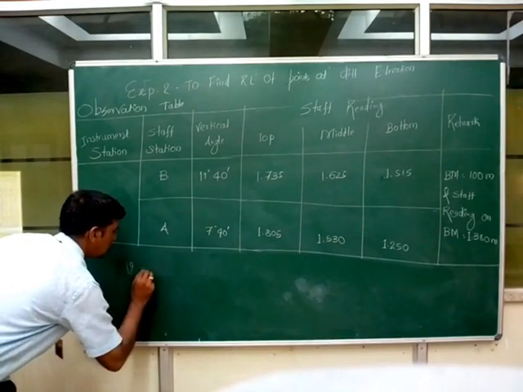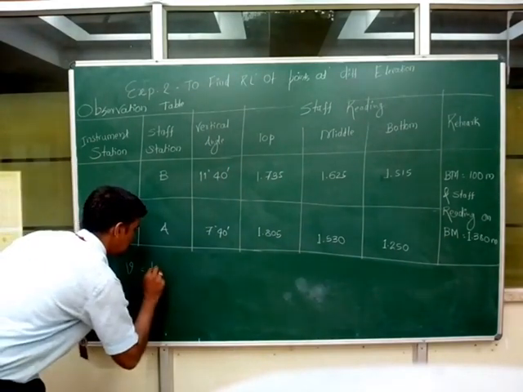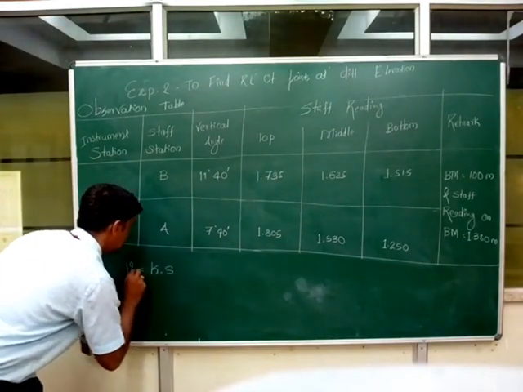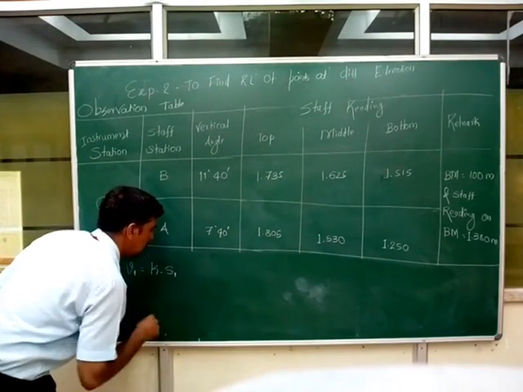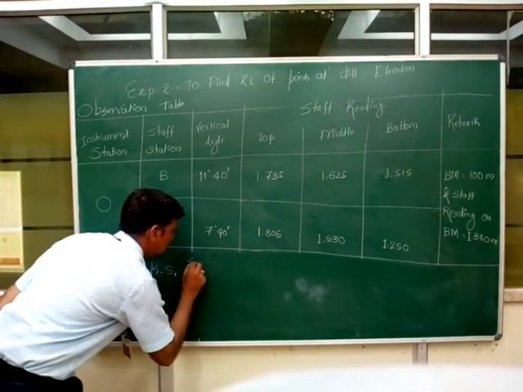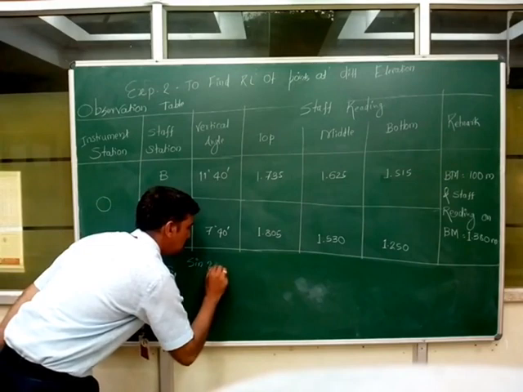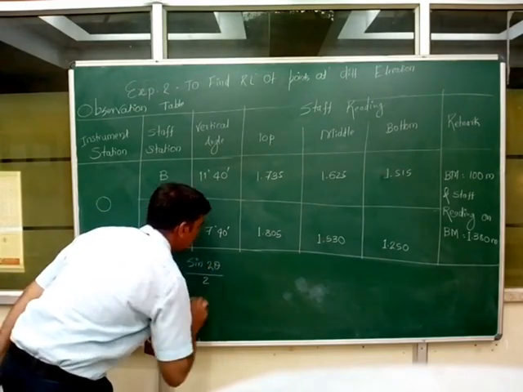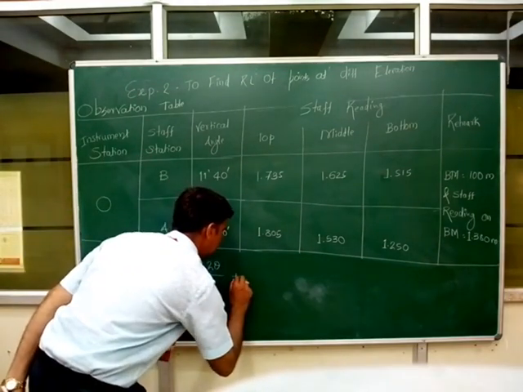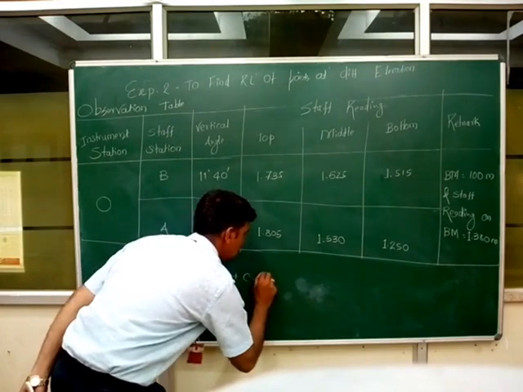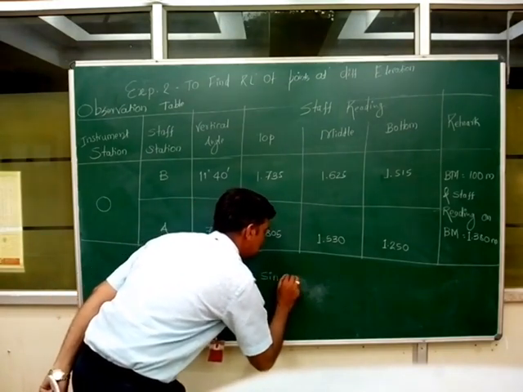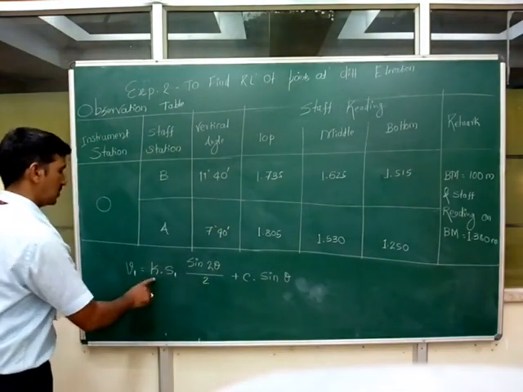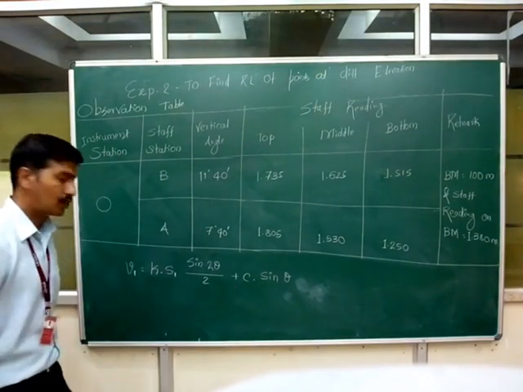Vertical component V, the formula is, if it is first case, K into S1 into sine 2 theta upon 2 plus C into sine of theta, where K and C are your constants.